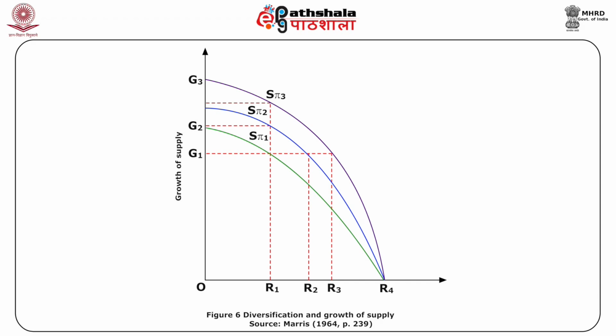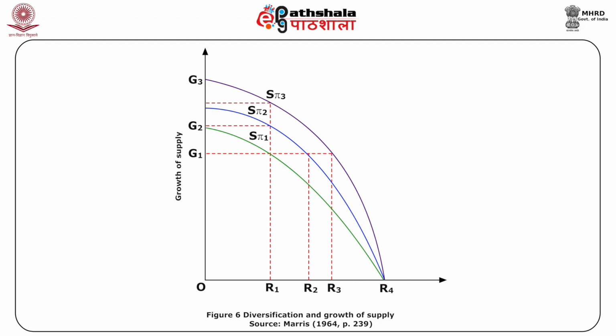The relationship between the rate of growth of supply and rate of diversification, represented by the supply curve Sπ, is shown in figure 6. In case of diversification projects, the rate of growth of supply of resources is a function of the ratio of dividends retained or disbursed.